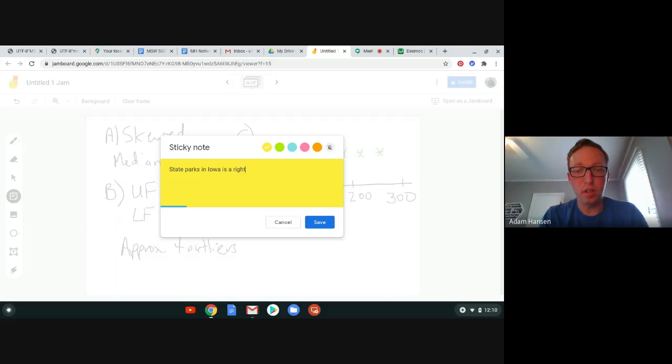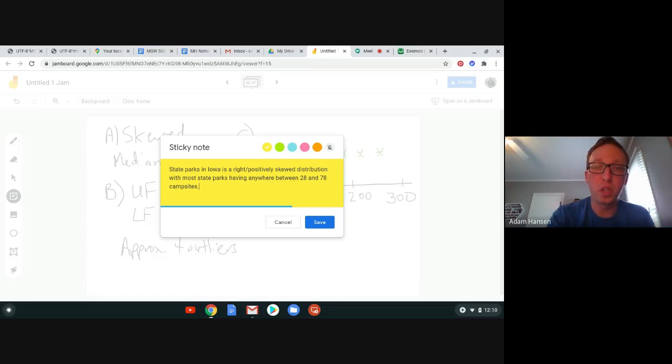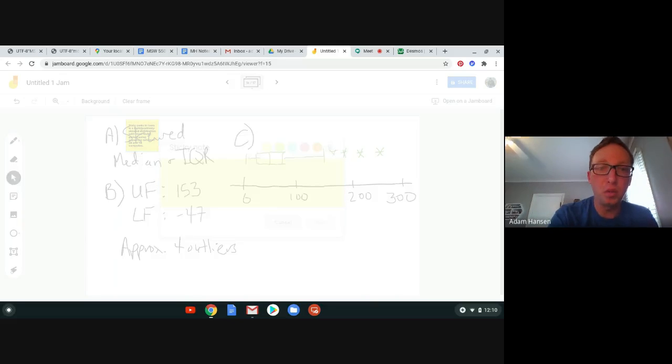It is a right or positively skewed distribution, with most state parks having anywhere between 28 and 78 campsites. Because this is a skewed distribution, we're going to use median and IQR to summarize the data set.